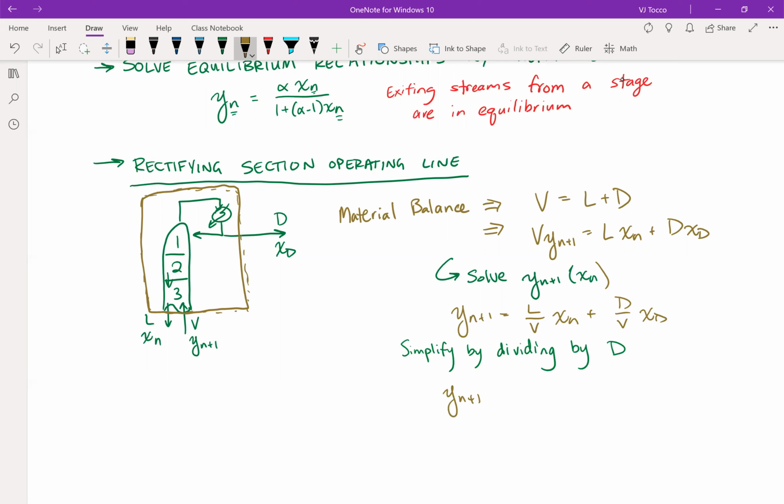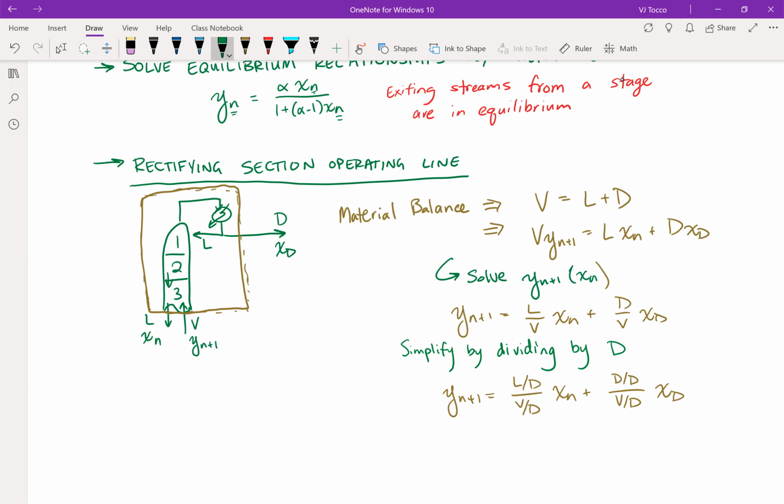So y of n plus 1 is equal to L over D over V over D times xn plus D over D over V over D times xd. It looks like I've made it more complicated, except I have to recall how I define the reflux ratio.